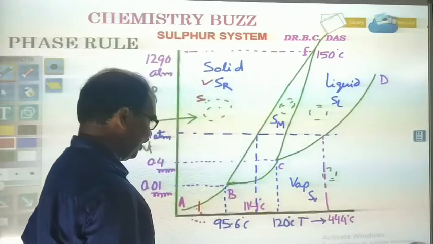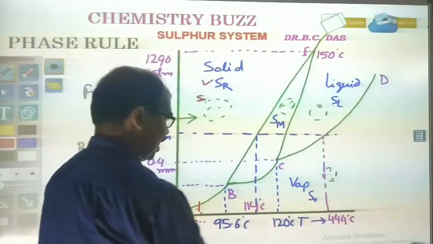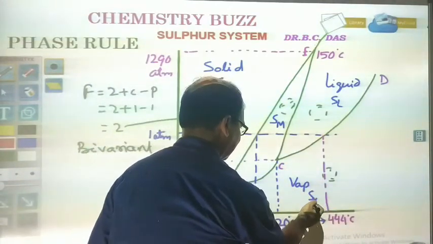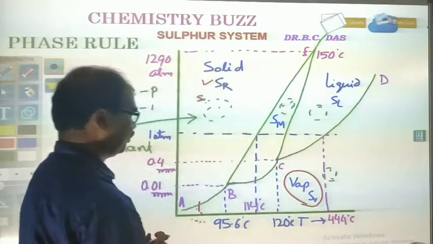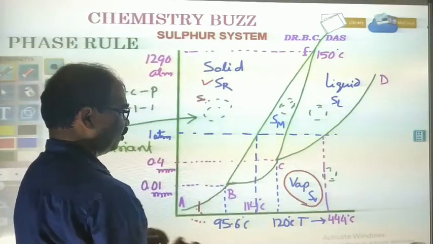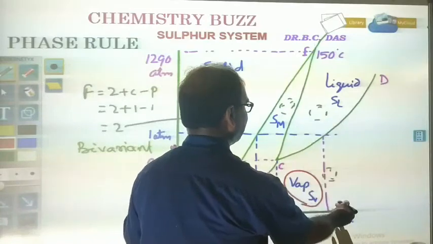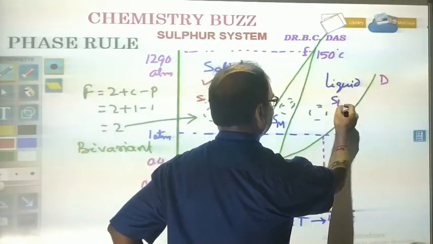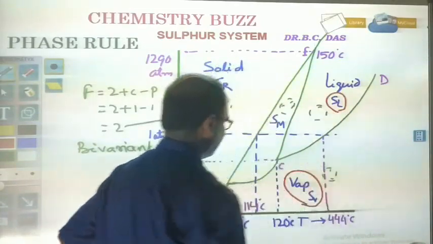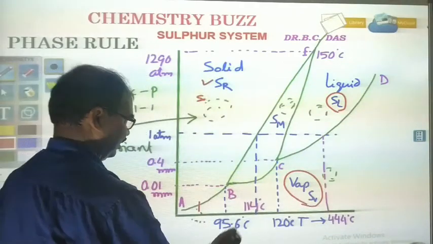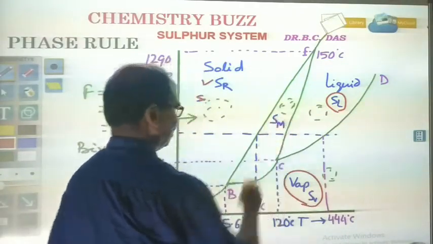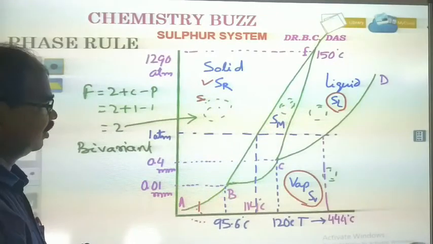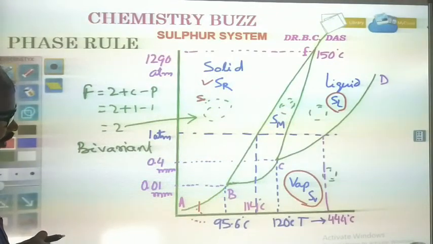And at low pressure, high temperature, we will get the sulfur vapor. Okay, so at high temperature and high pressure, you will get this liquid sulfur, and in the medium range you will get the monoclinic sulfur.